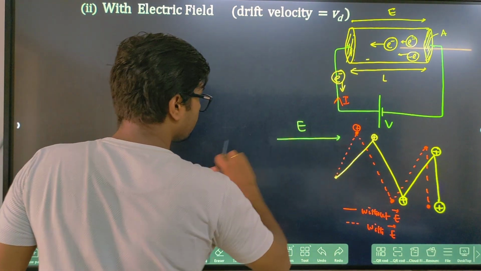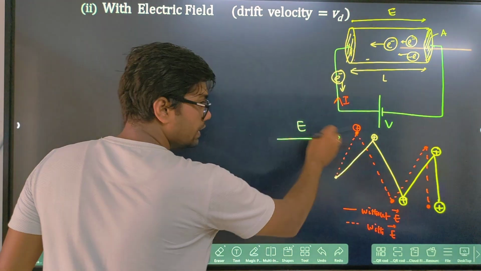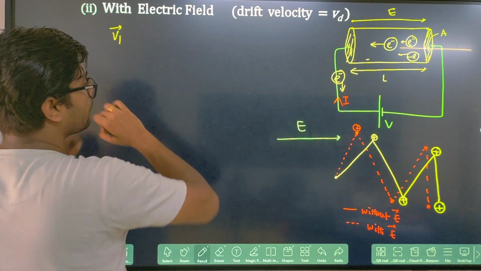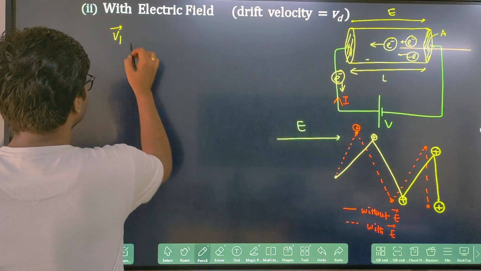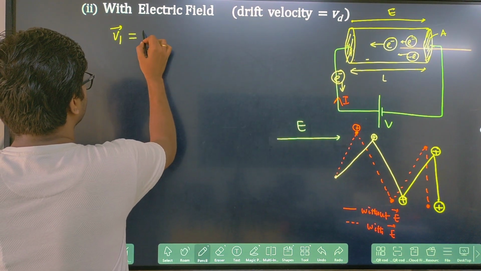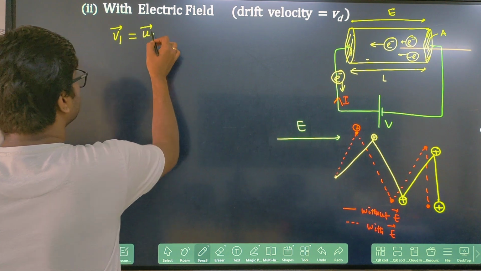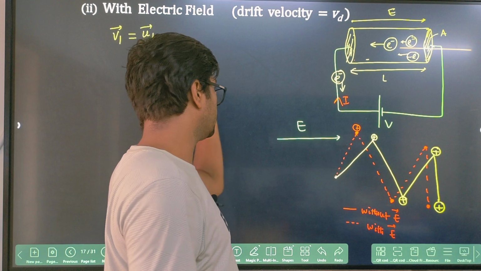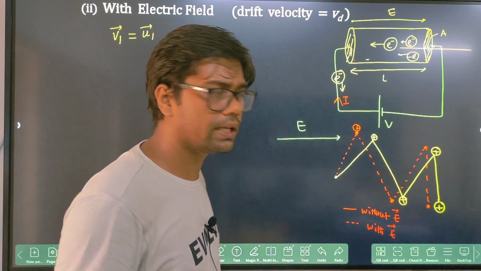Let's say I want to write down the velocity for this electron. V1 is the velocity of the electron at any time. I can write this as U1, where U1 is due to the thermal motion. Without the electric field we have seen this U1, the random velocity with which they are moving.